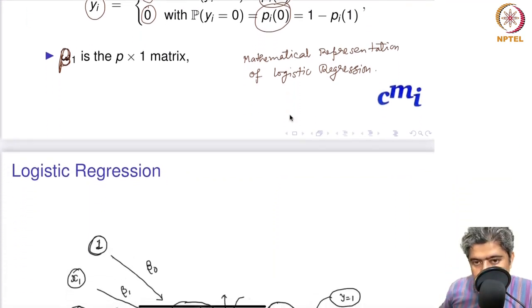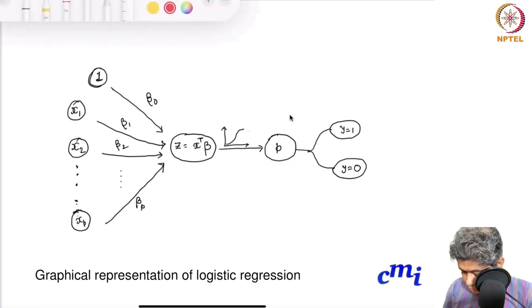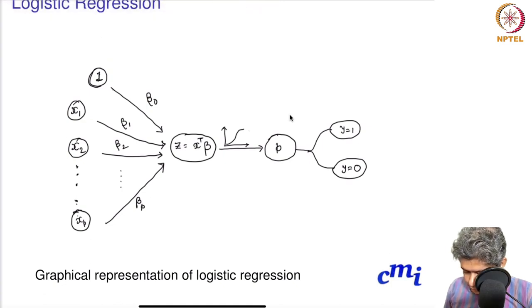Now the same logistic regression I'm going to represent from a graphical point of view. So this is x1, this is x2, dot dot dot xp, and each of these arrows represents a weight.